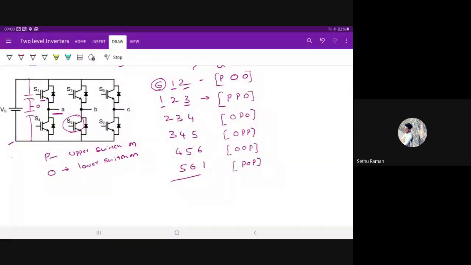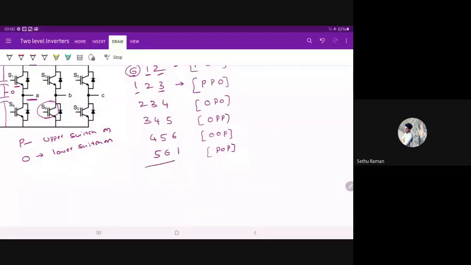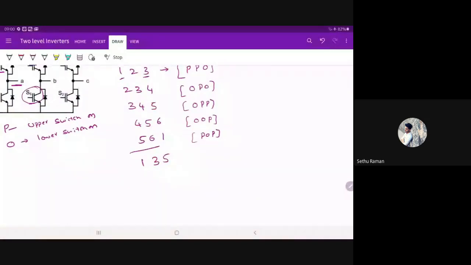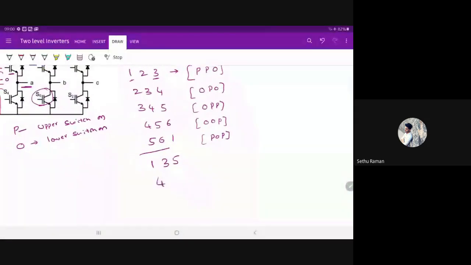So we have some other states. All the upper switches are on, and all the bottom switches are on. That means there are some additional states: 1, 3, 5 with all the upper switches on, and 4, 6, 2 with all the lower switches on. So what is the switching state here?